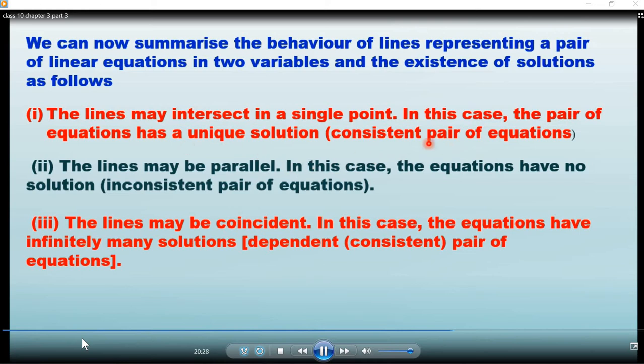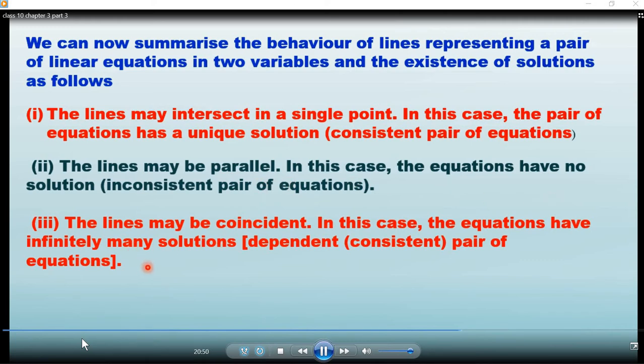You already know that if they intersect at one point, it is having a unique solution. If the lines are parallel, then they are called inconsistent. Remember the word inconsistent. This is applicable for parallel lines, and in parallel lines, there are no solutions.